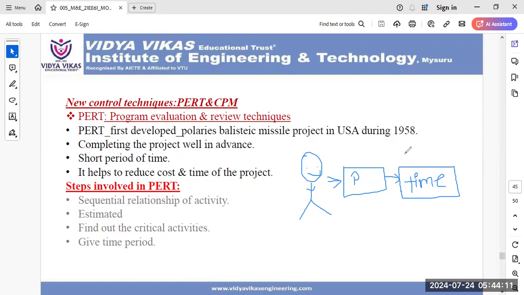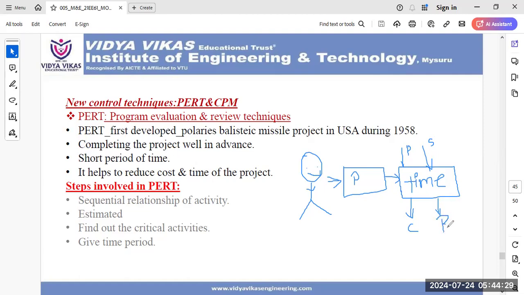In that time there are multiple activities required, like planning, scheduling, controlling, and then resource allocation.